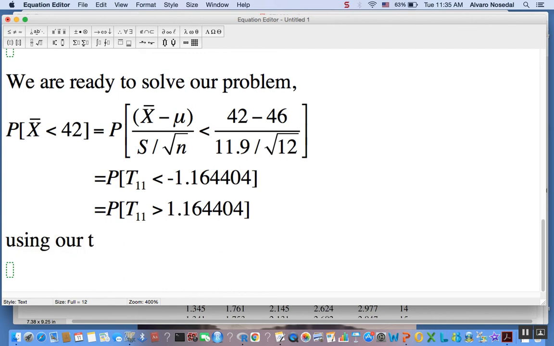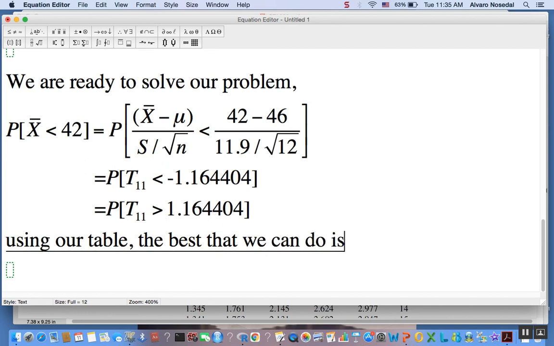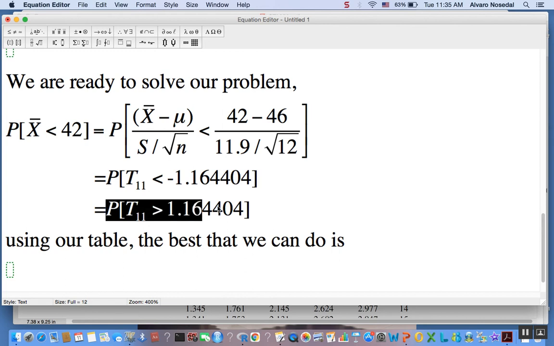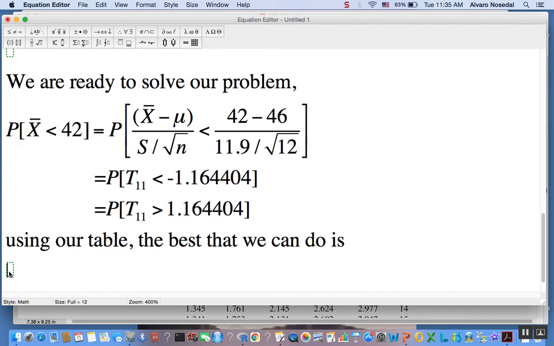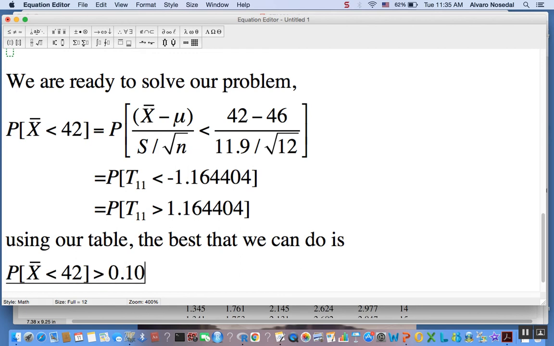Using our table, the best that we can do is saying that this probability that we want, in other words, the probability that x bar is less than 42, must be greater than 10%. That's the best that we can do using that table.